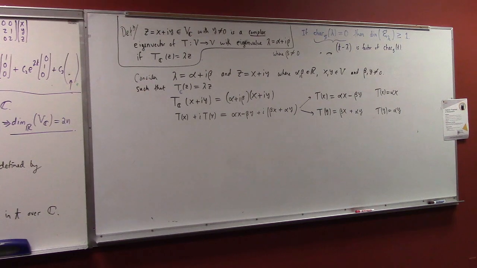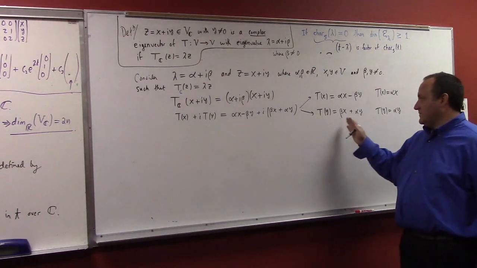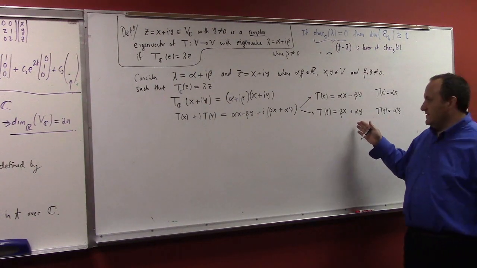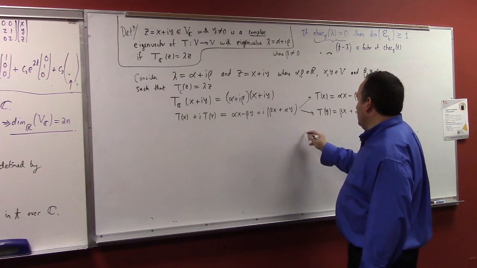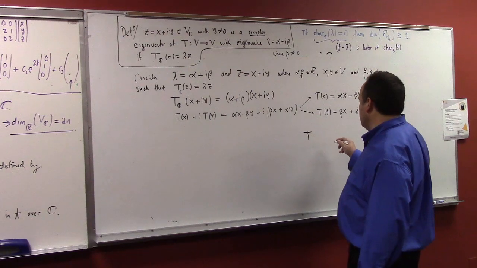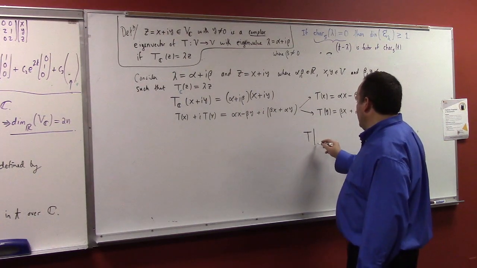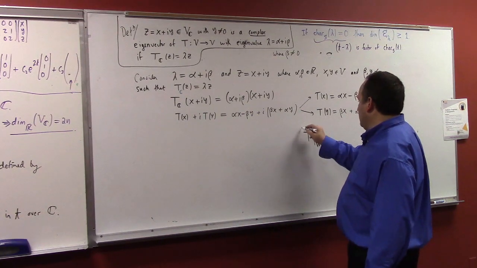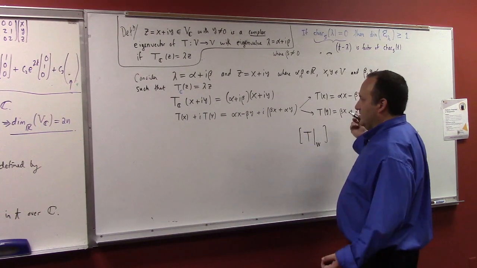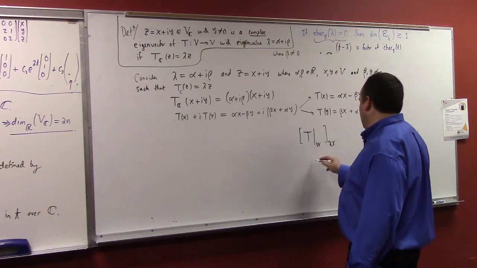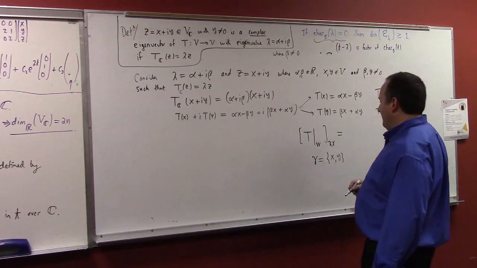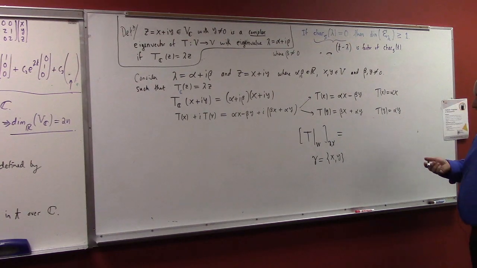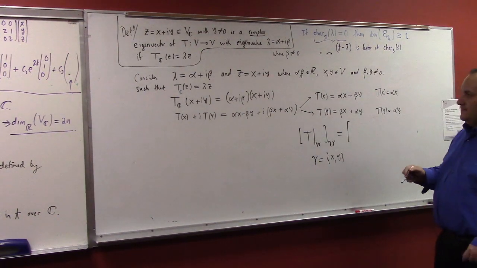So if I look at T restricted to, let me just call it W for lack of imagination, and I take the basis, I'll call it gamma, and let gamma be x and y, what's the matrix of T look like then?